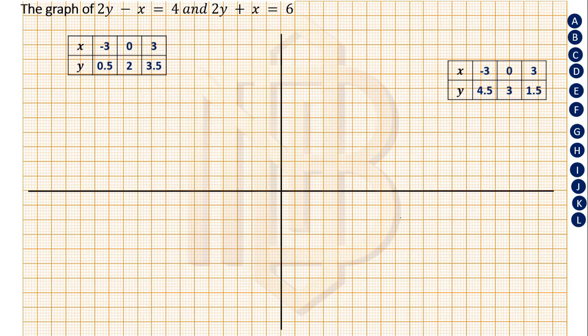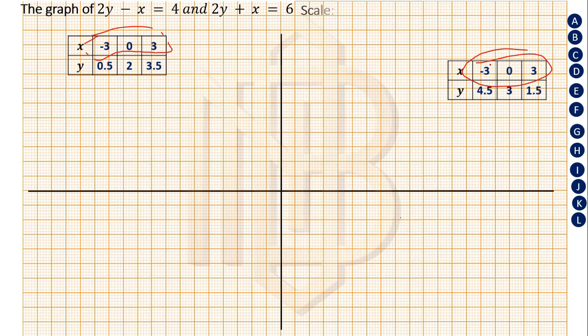To determine the scale for the x-axis, all we need to do is check out our points. If you look at it very well, we have this and this for the x-axis. So it is convenient for us to just use 2 centimeters to represent 1 unit.